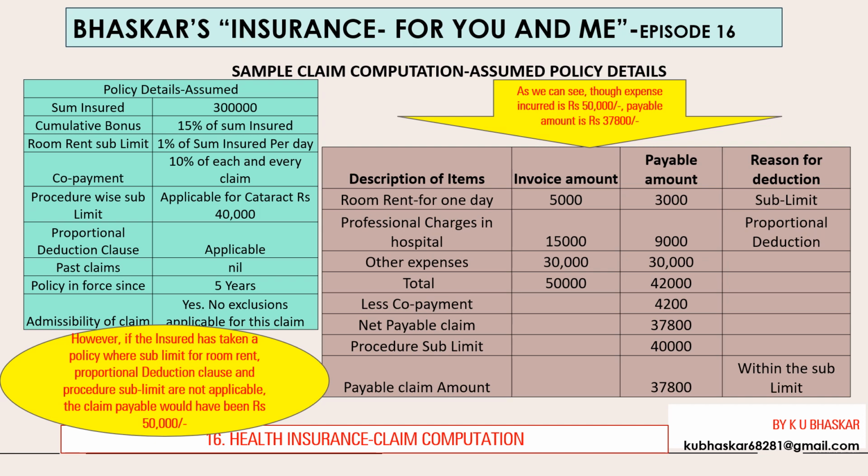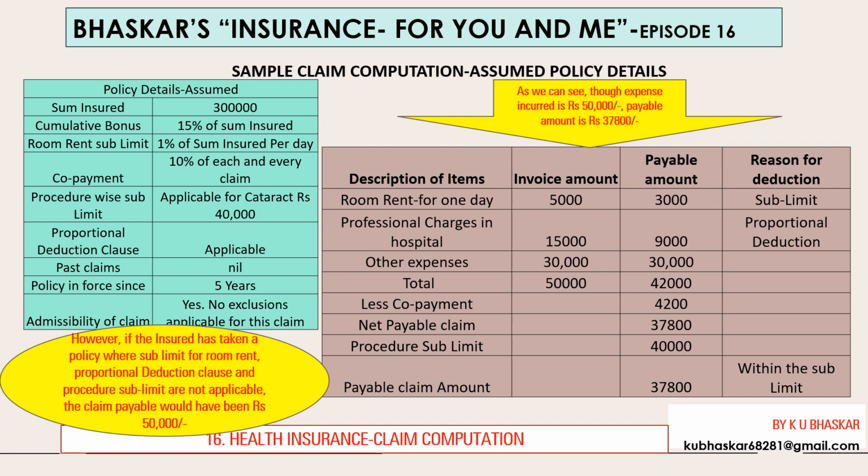This policy also has a procedure-wise sublimit for cataract of rupees 40,000, and the proportional contribution clause is applicable. There have been no claims under the policy prior to the current claim, and the policy has been in force for the last 5 years. Since the policy has been in force for the last 5 years, most of the waiting period exclusions are not applicable, so the claim is admissible.